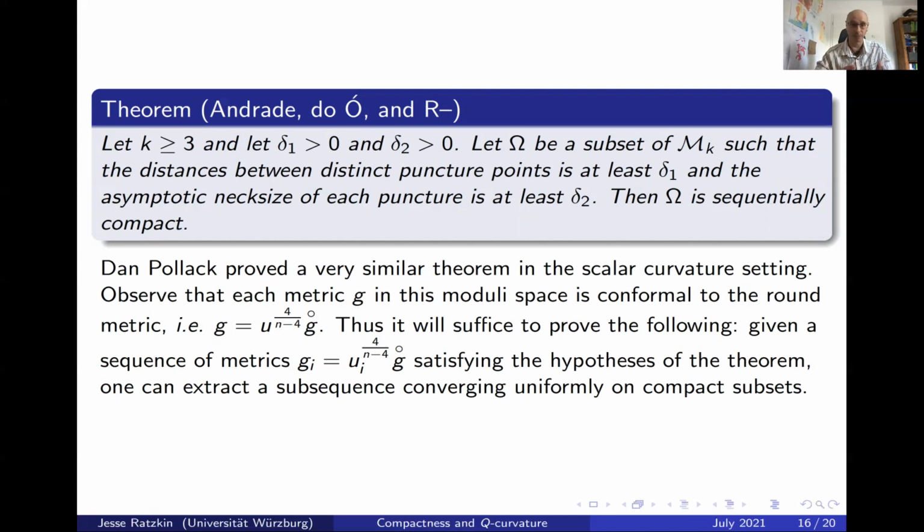Remember that my metrics are all conformal to the round sphere, so I can write each g_i as u_i to the power of 4 over n minus 4 times the round metric. So it'll be sufficient to show that I can extract a subsequence of these conformal factors which converges uniformly on compact subsets. And this will end up implying the convergence within the Gromov-Hausdorff topology.